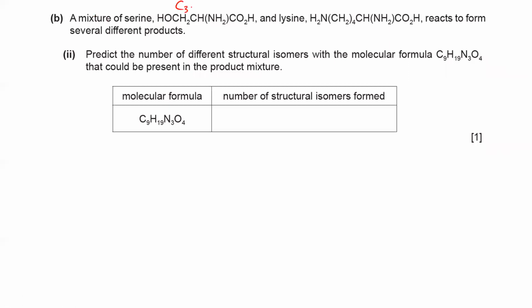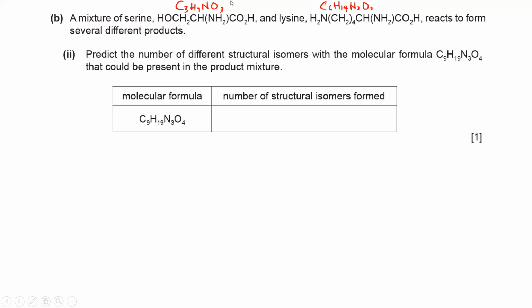C3H7, N1 and O3. This is C6, right? H14, N2, and O2. So this time you could have already guessed that this will be a product from the reaction between one serine and one lysine.